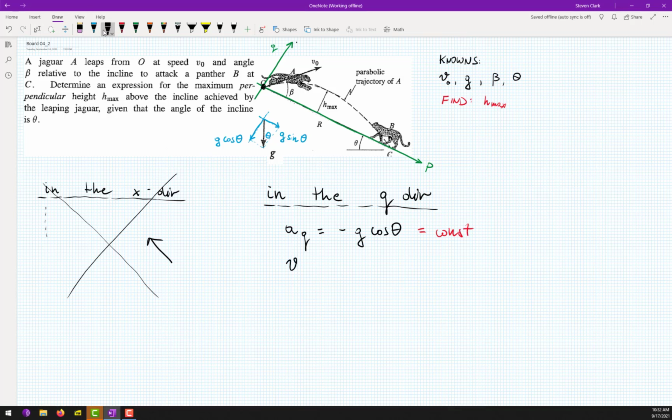So let's do our velocity v_q. That will be v_q0 plus a_q t. Okay, so let's do some projections here. So this is v_q0. v_q0 is, if I remember correctly from school, v0 sine beta.